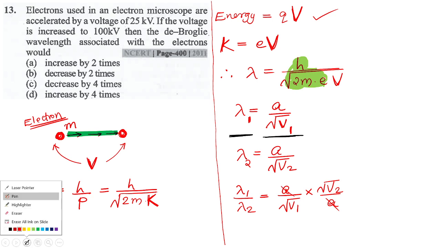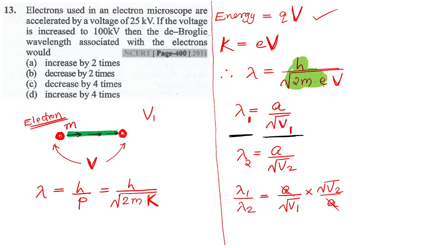In this question, V1 equals 25 kilovolt and later V2 is changed to 100 kilovolt, so the wavelength correspondingly changes.